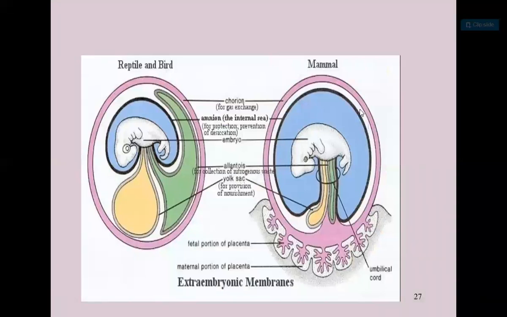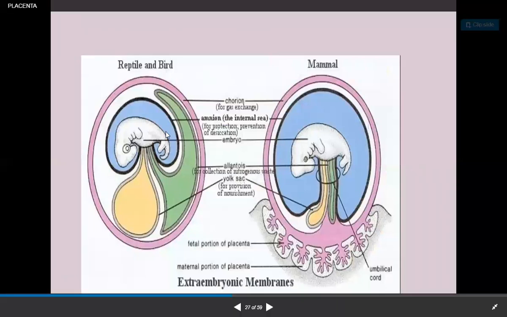Then, what are we saying here? This is the embryo. This one in lavender color is the chorion, and this black one is the internal. Fluid is present for protection and prevention of desiccation. And this is the allantois and the yolk sac.